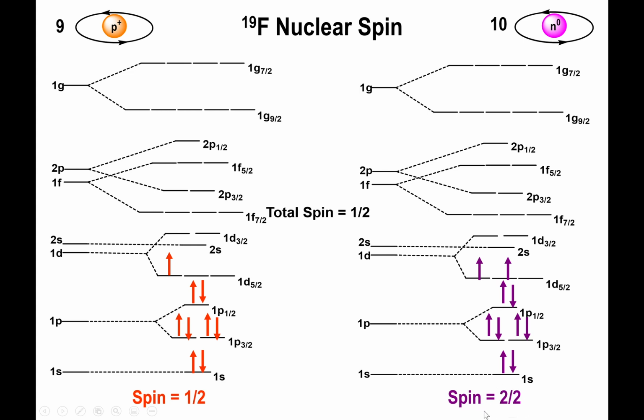Now for fluorine, something interesting happens. And I'll be perfectly honest, this type of rule is where I'm definitely not super educated on what's happening, because this is more quantum physics than chemistry.